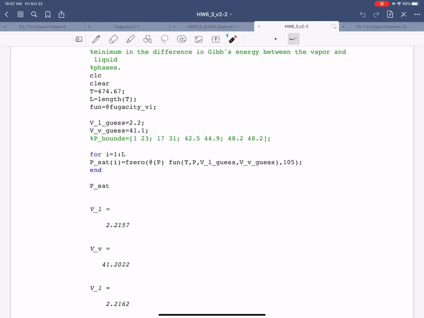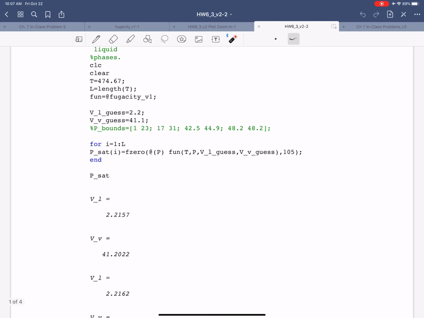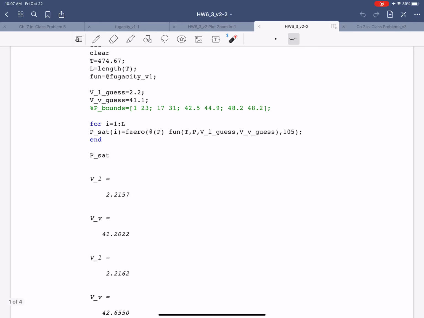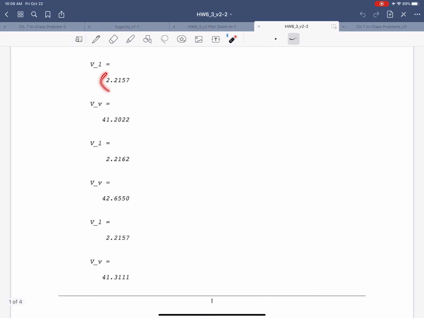All right? And so when I run this script, I left an uncommented psat here at the end. And so when I run the script, essentially you can look at how the molar volume of the liquid and the molar volume of the vapor are changing as it's iterating on the pressure value. Okay?